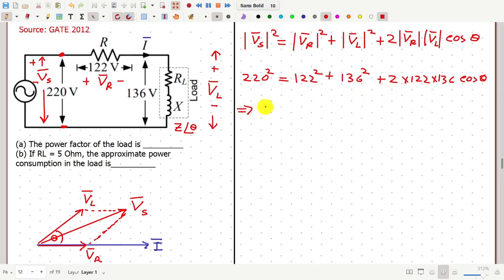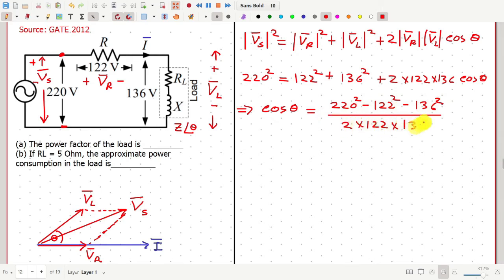From this we get cos theta equal to 220 squared minus 122 squared minus 136 squared, divided by 2 into 122 into 136, which is equal to 0.4526. And of course, this cos theta is the power factor for this load.